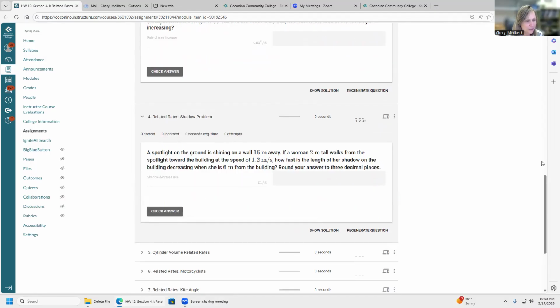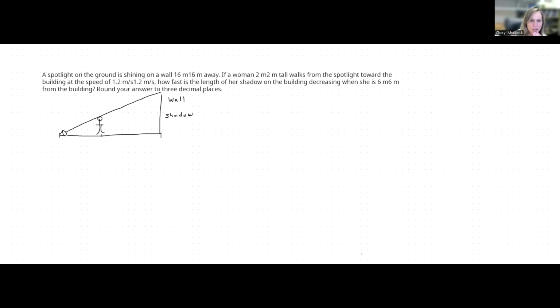We started this in class yesterday, and I was thinking we needed to use tangent, but we discovered that it was much simpler than that. So we're going to work at setting this one up and see if that can be helpful. In question 4, it says a spotlight on the ground is shining on a wall 16 meters away.